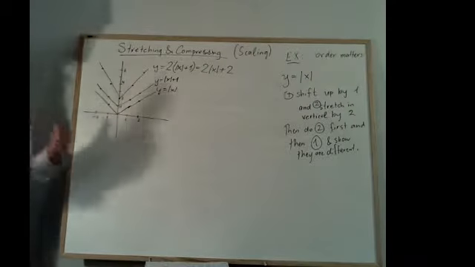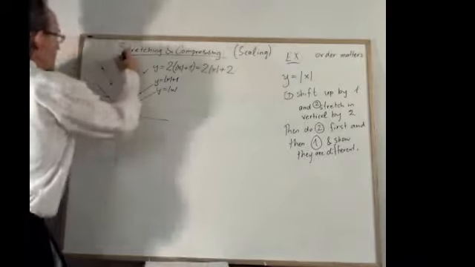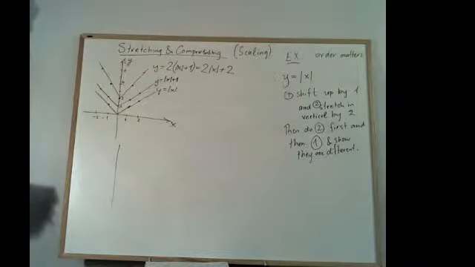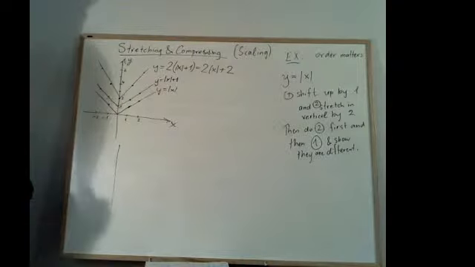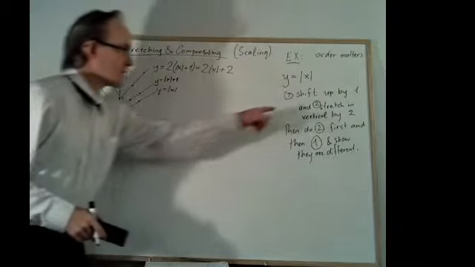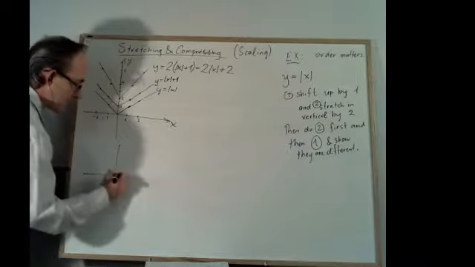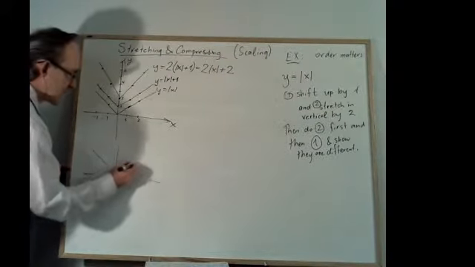Okay, now let's do it the other way. Now let's do it by first stretching by a vertical factor of 2, starting again from the function y equals the absolute value of x.